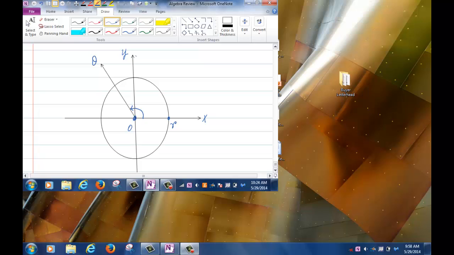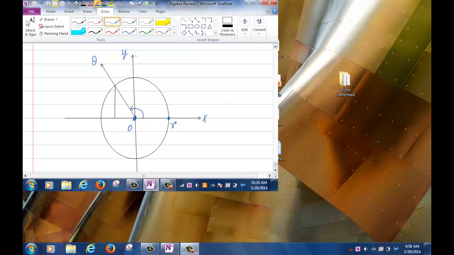Then what I'm going to do is draw a vertical line from this point here onto the x-axis. So the terminal side of your angle theta intersects the circle at a point, and from that point I am making a vertical line onto the x-axis, right?